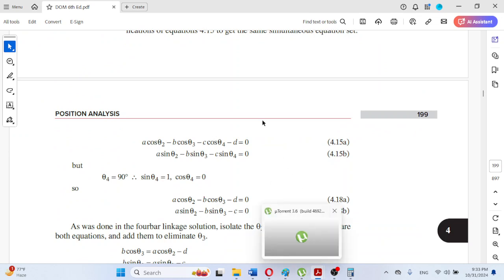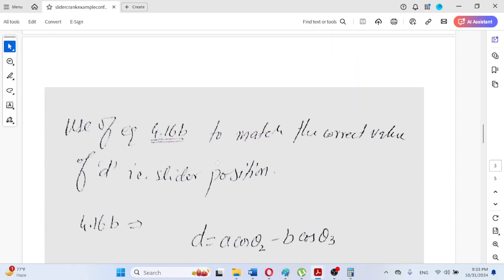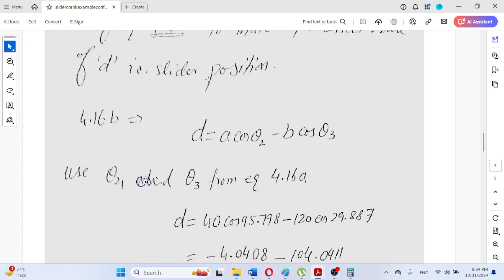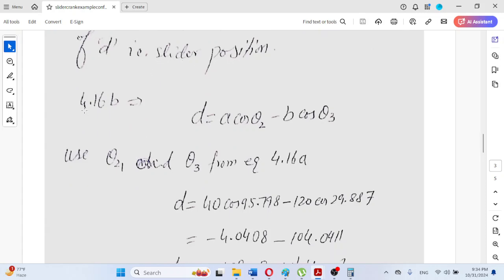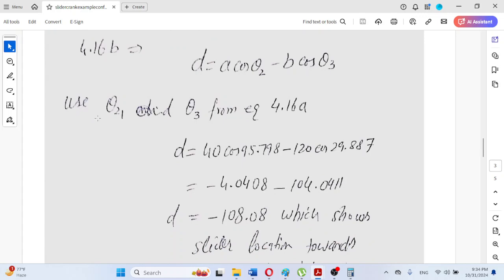So I have also done here that now we will use equation 4.16 to match the correct value of D, i.e. the slider position. So if we use equation 4.16b, and this is the equation 4.16b as shown, now we use theta 2 1 and theta 3 as obtained from equation 4.16a.